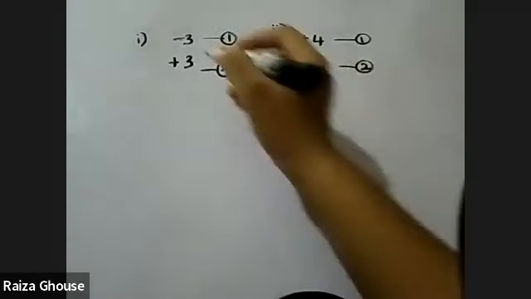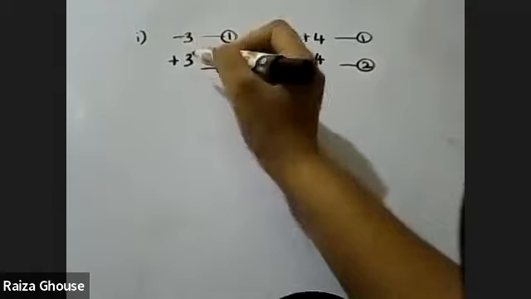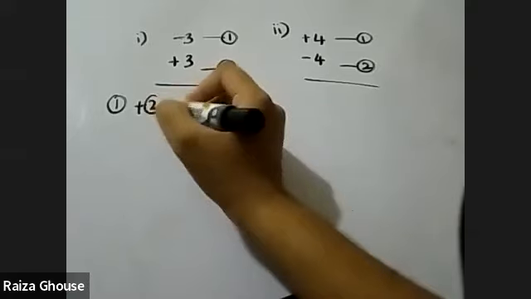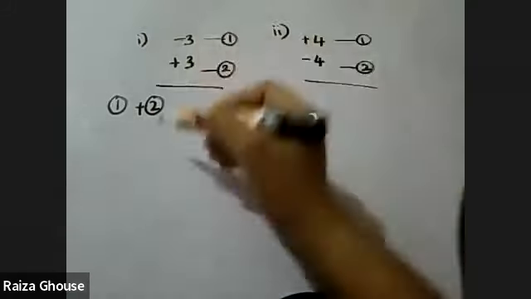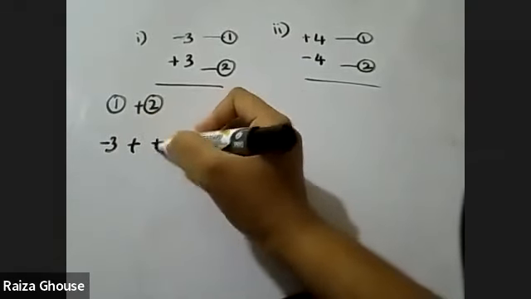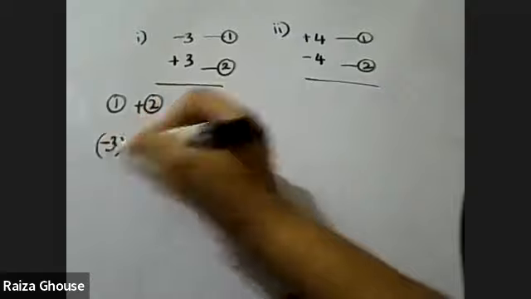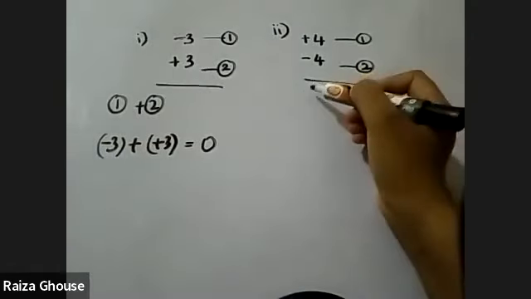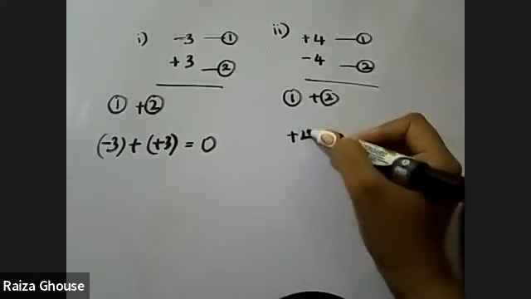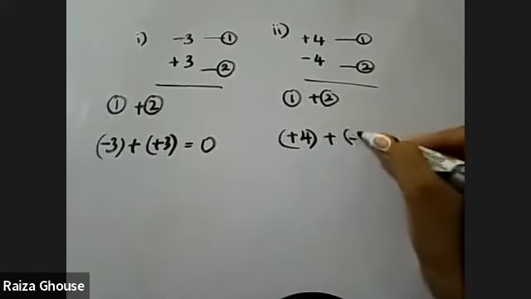Now, what is the answer here? -3 and +3. 0. Yes, if I add my first and second equation, -3 plus +3, the answer is 0. Here also, if I add them, I get 0 again.